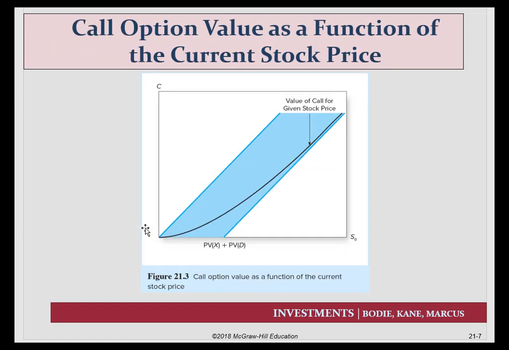As we look at this, if you think about a call option as the value changes, we know that the value of the call goes up as the stock price goes up. But it has to maintain itself within these boundaries. It can't be higher than one or lower than the other.